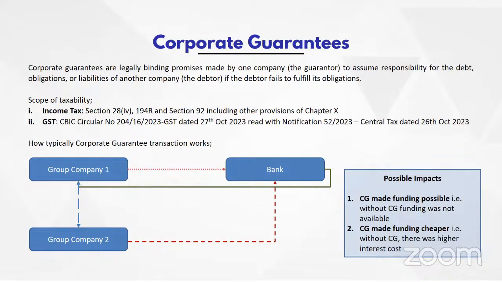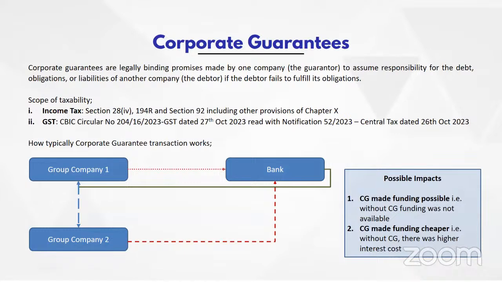One, the 0.5% rate is accepted on the guarantee amount. And in some cases, one has argued that we need to see not the guarantee amount, but rather the benefit utilized. For example, I have given a corporate guarantee for 50 crore, but the loan taken is only 30 crores. So one should compute on 30 crore and not on the entire 50 crore.